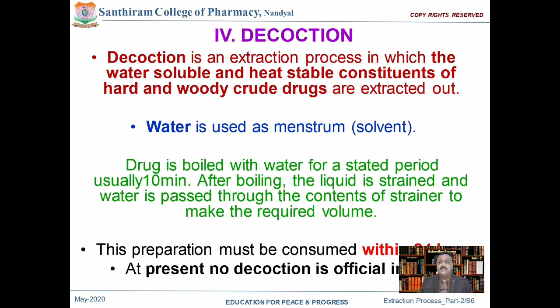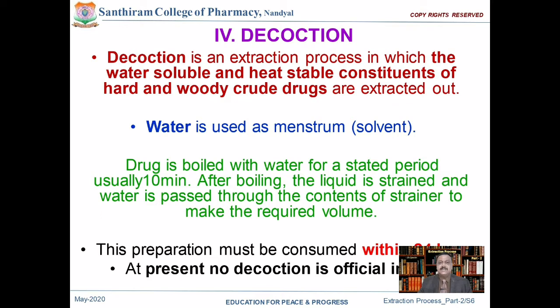For example, the hard and woody parts include the bark of a plant, a dry root of a plant, or a dry stem of a plant, or a dry seed of a plant, etc.